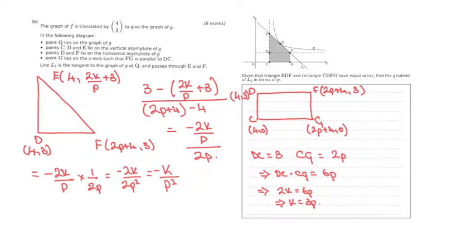We now have a value for k that we can substitute into minus k over p squared. So therefore we get minus 3p over p squared, which is equal to minus 3 over p. So the gradient of L2 is equal to minus 3p to the power of minus 1.